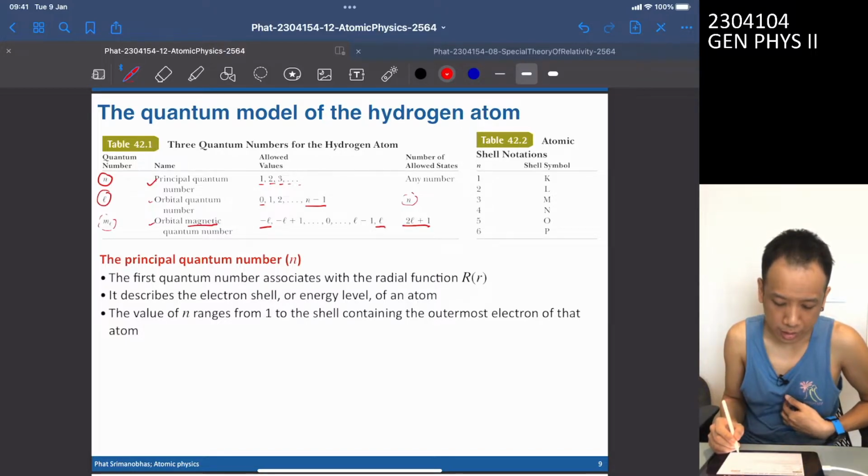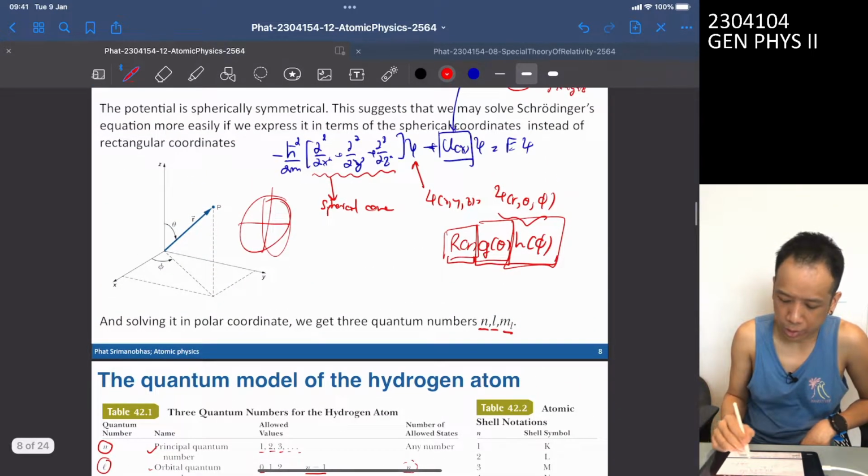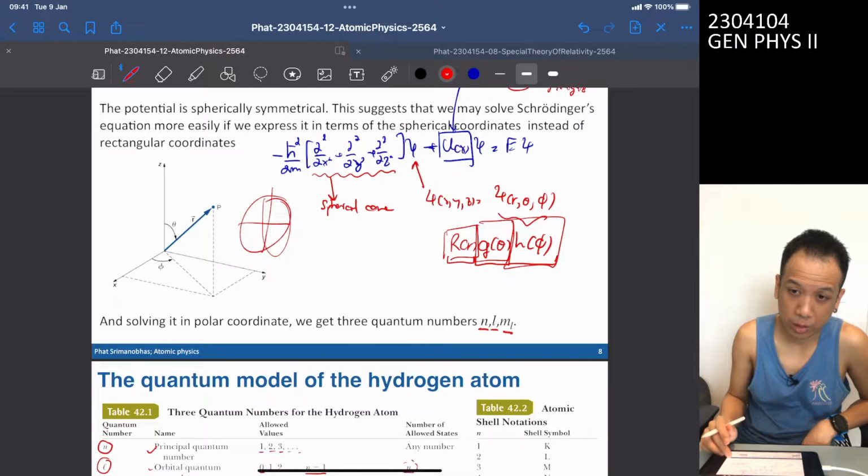These are the three quantum numbers that you derive when you place the Schrodinger equation in spherical coordinates.